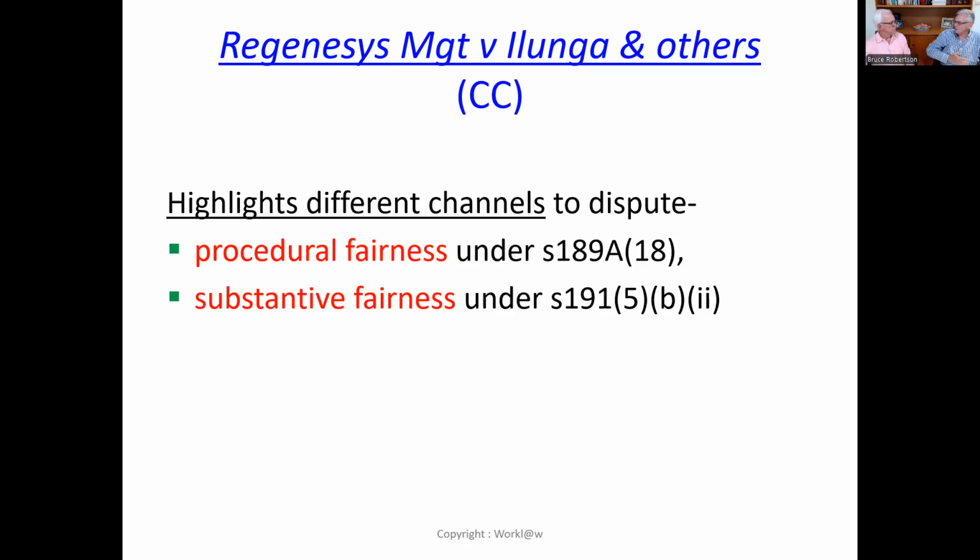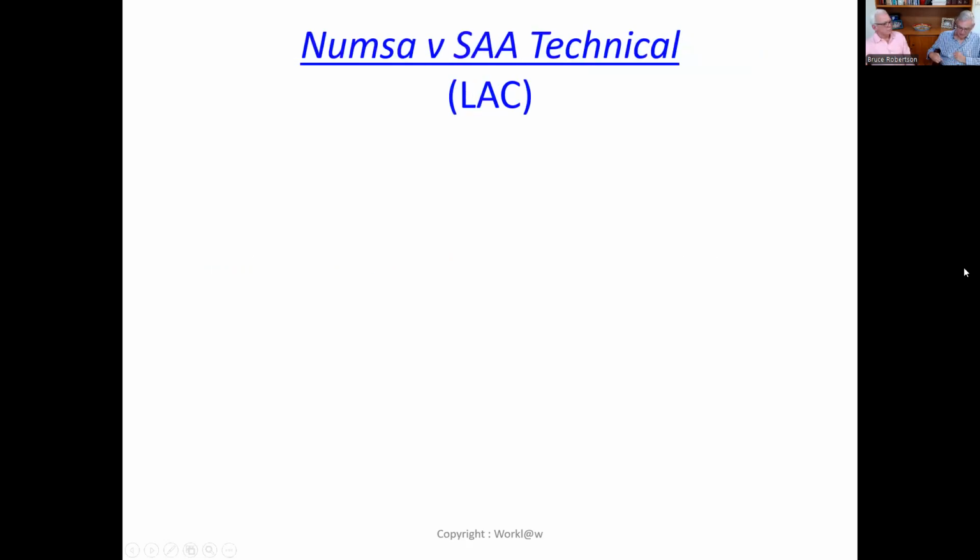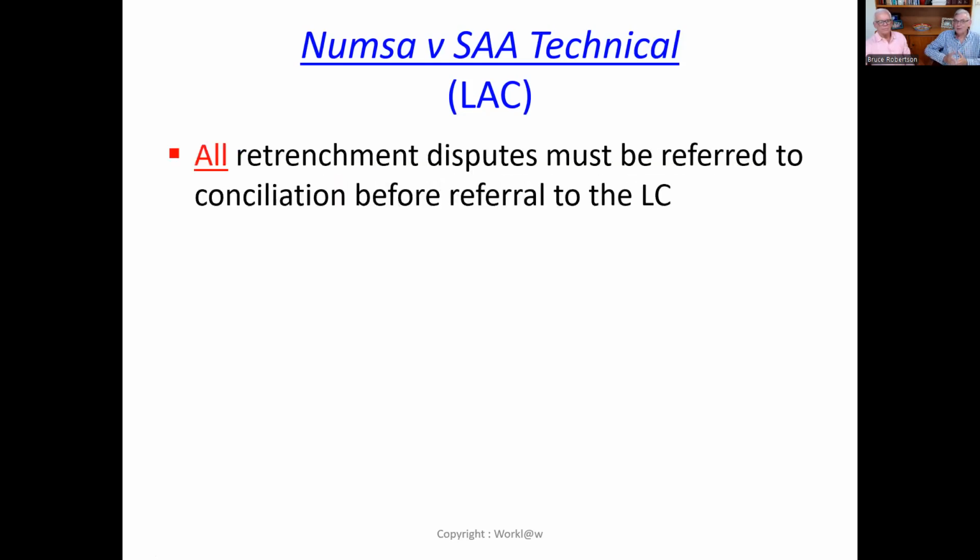which the Act says you must go to conciliation first. I think most of us would say, well, conciliation at that late stage, if a facilitator in 4 meetings hasn't got any kind of settlement, it's not going to happen now. But the Labour Appeal Court, in NUMSA versus SA Technical, was quite firm. The way the LRA is designed is you don't get to the Labour Court unless you have referred the matter first for conciliation.